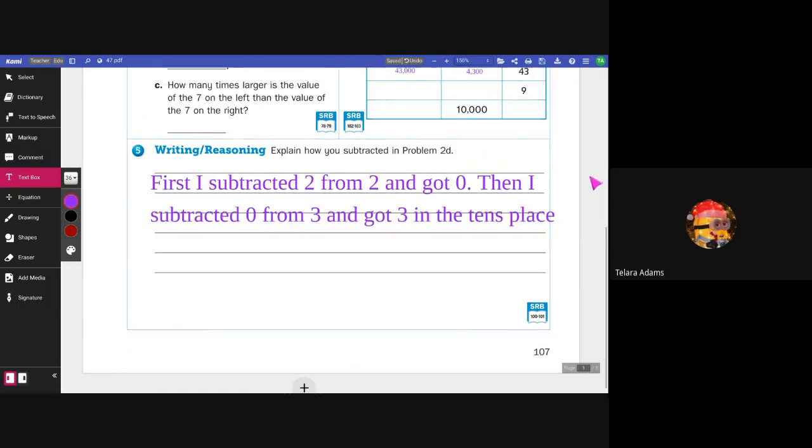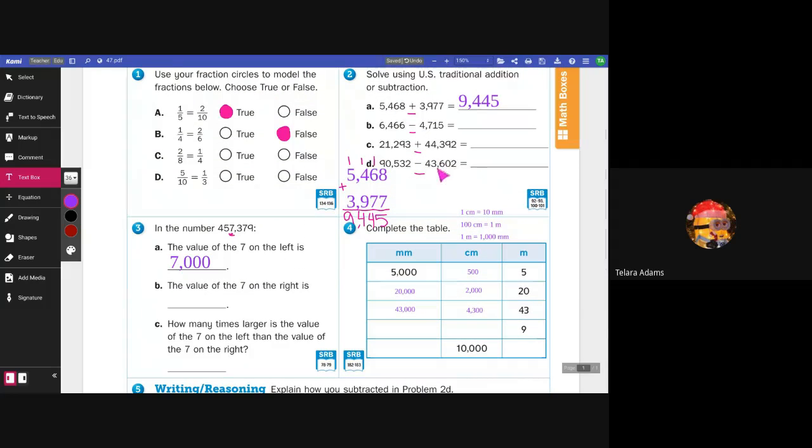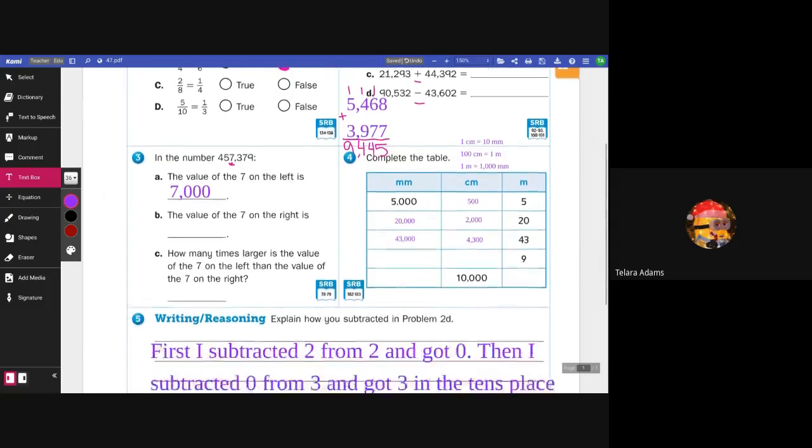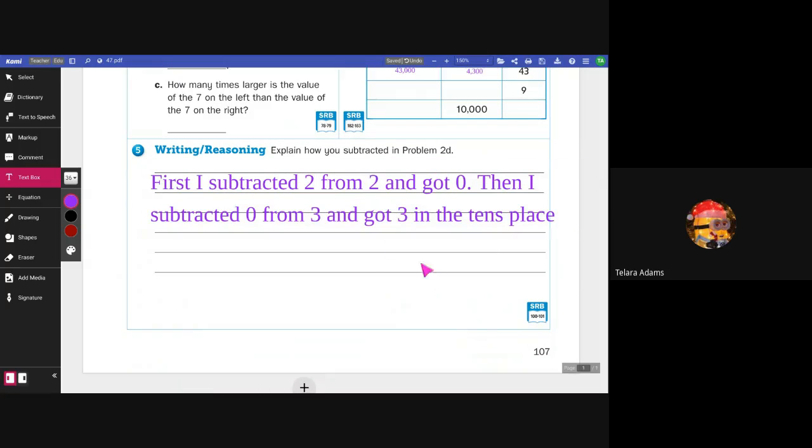You are literally telling me how you solve this problem. When you line this problem up, you subtracted 2 minus 2, then 0 minus 3. So yes, I want you to type out every step that you had to take to solve the problem.